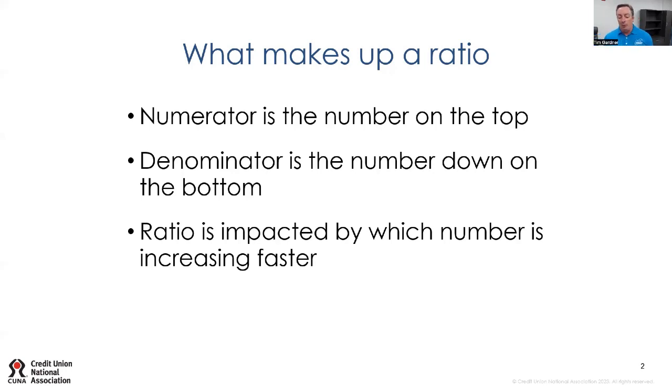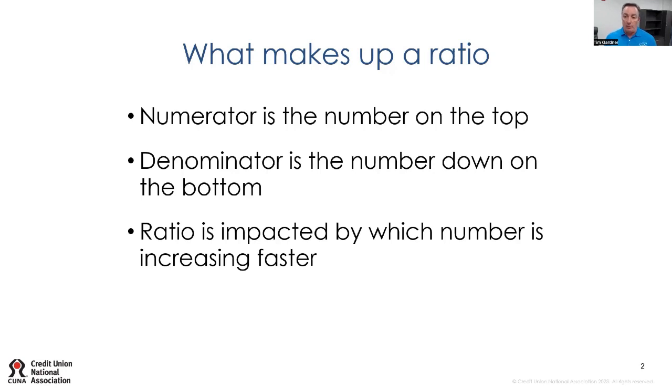But when we look at ratios, one of the important things to start with is the fact that there's a numerator, which is the number on top, and a denominator, the number on the bottom, and the relationship between those two numbers goes a long way towards determining what happens with the ratio. And also, as we're going through this, you're going to see definitions of what a ratio is.